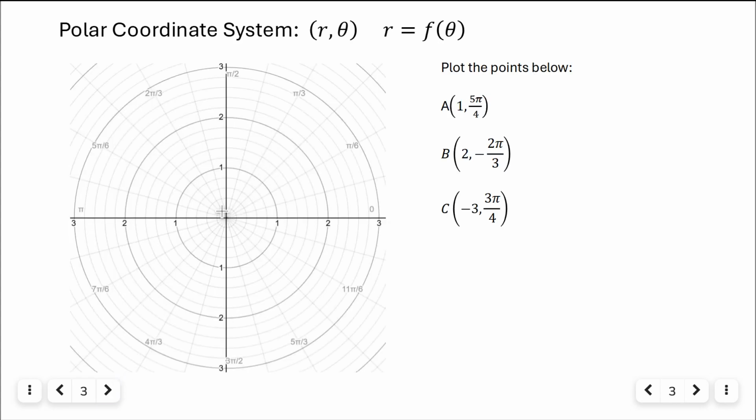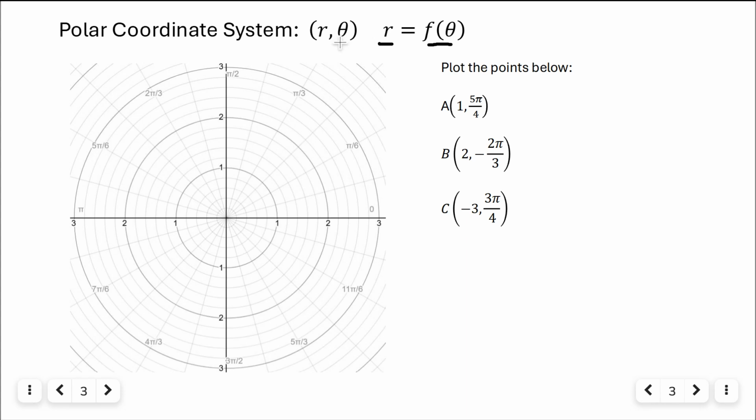So this is the graph of a polar coordinate system. The polar coordinate system writes r in terms of theta. R represents the radius, okay? And points in the polar coordinate system are written as r comma theta. The radius first, the angle theta second, all right?